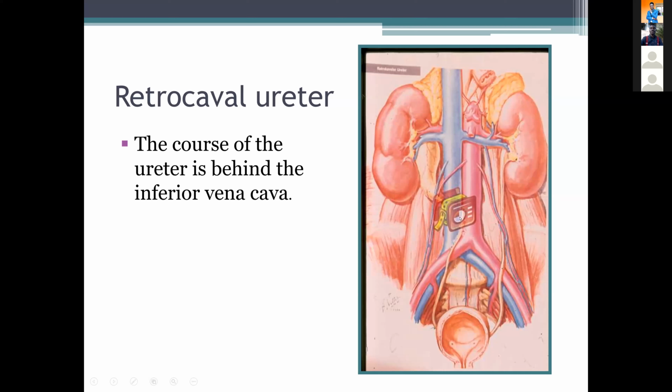So it goes behind the vena cava. And when you're managing, of course, you don't cut the vena cava. Rather, you transect the ureter, and then you anastomose it in its normal position. You don't touch the vena cava unless you are looking for trouble.